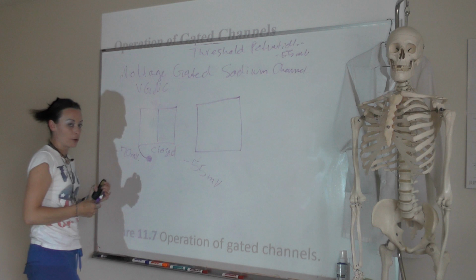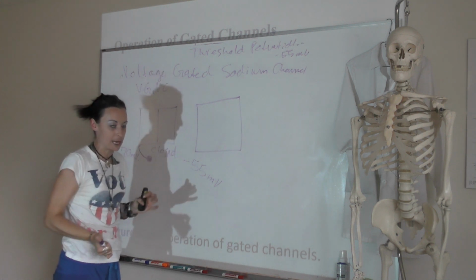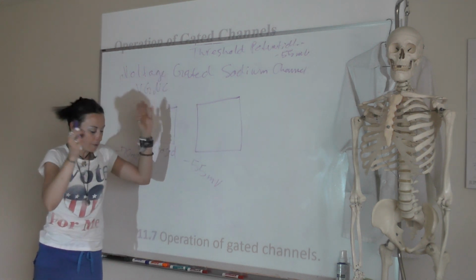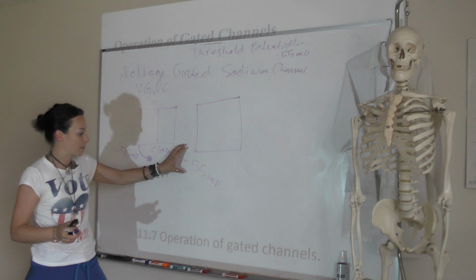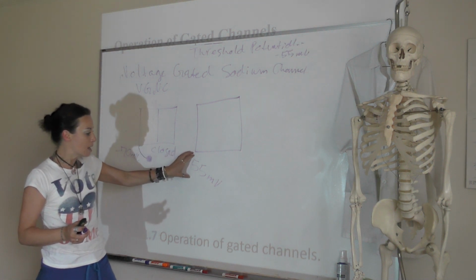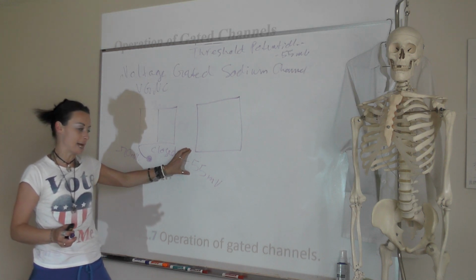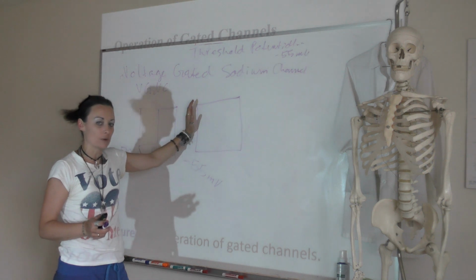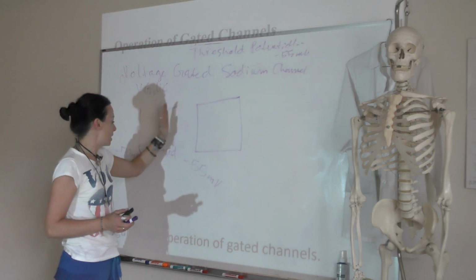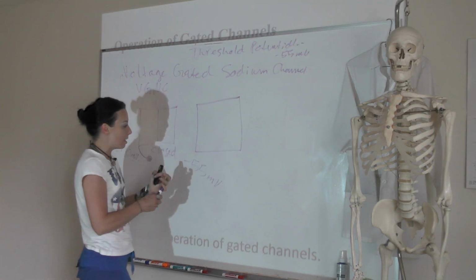Okay, so we'll have some graded potential in the receptive segment of the neuron. And if we have a net influx of sodium ions, and it's enough of a positive current into the cell to get us to negative 55 millivolts at the axon hillock, which is the first place that has voltage-gated sodium channels, they're going to go from closed to open.